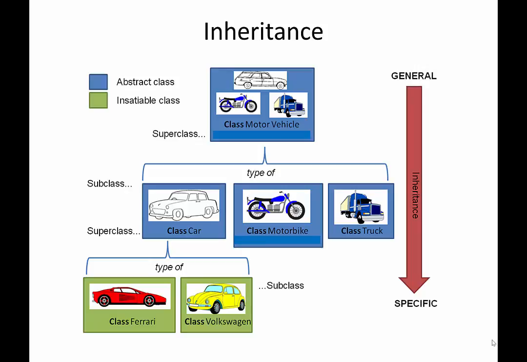Instantiable is probably the correct word. So some classes you can create instances from, others you can't. So the instantiable classes are only Ferrari and Volkswagen in this model. You can only create a new Ferrari or a new Volkswagen.